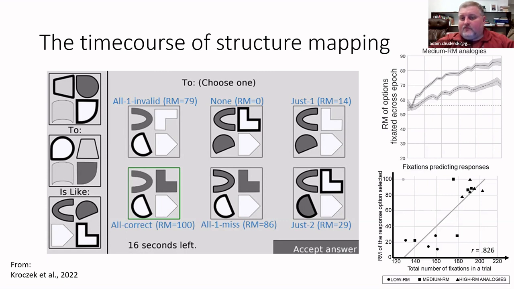To select the correct or almost correct option, people needed a lot more fixations than for selecting a very incorrect option.